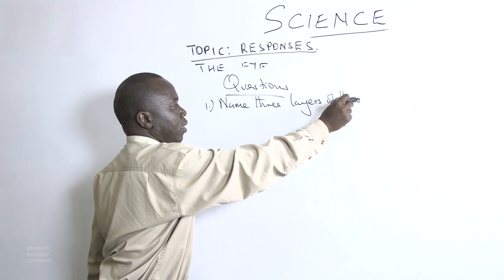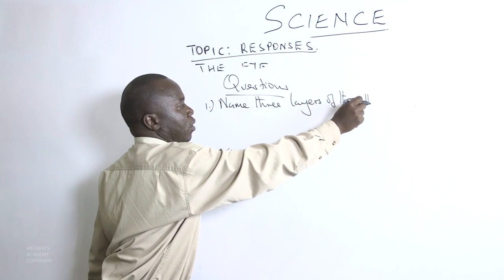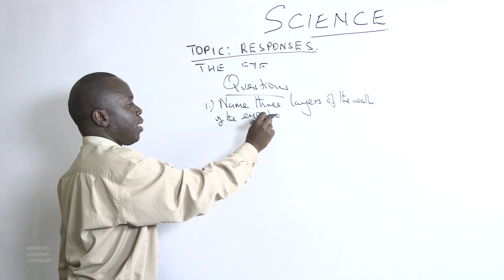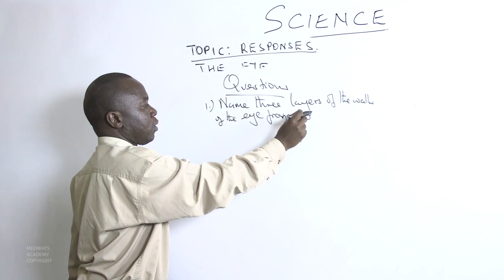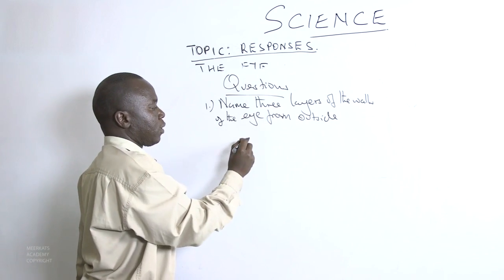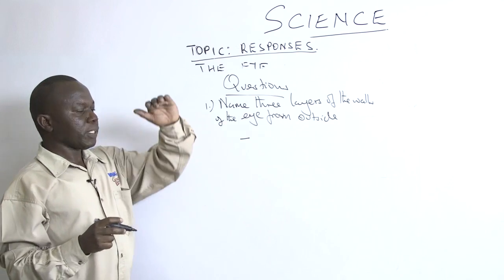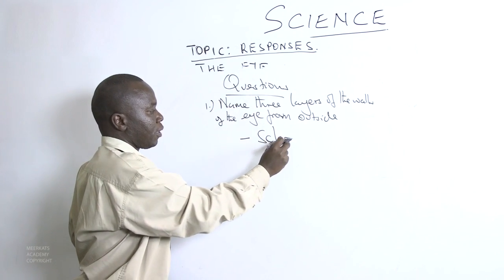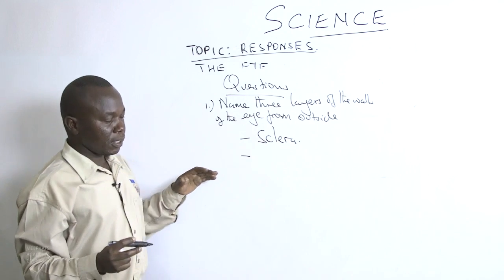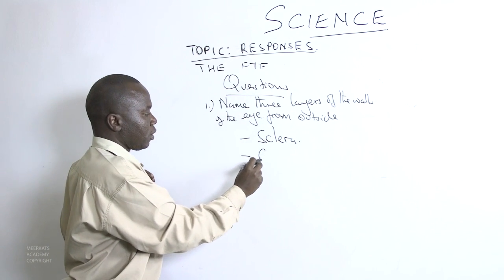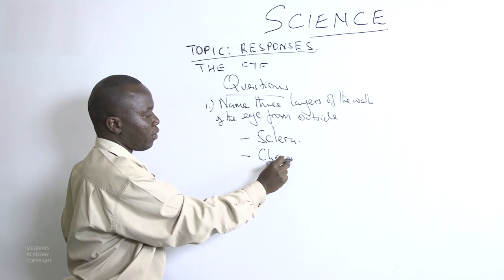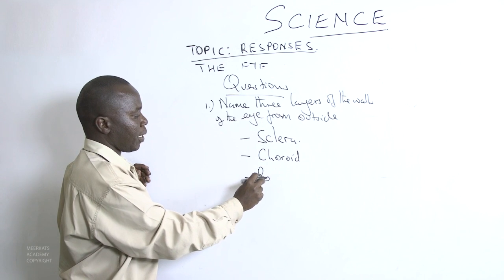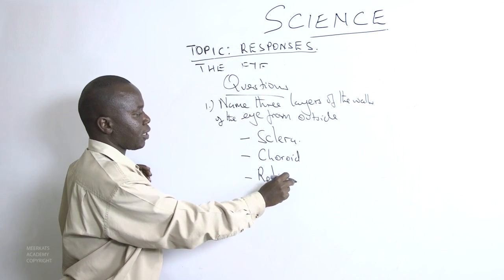We can go together. The outermost part of the eyeball is called the sclera. Next, the middle part that is dark in color with a lot of blood vessels, the choroid layer. And another layer is the retina.